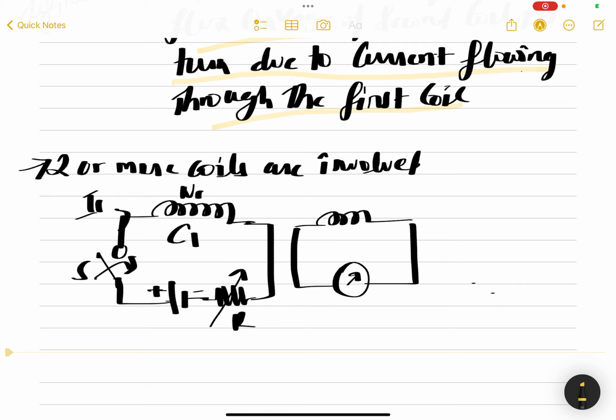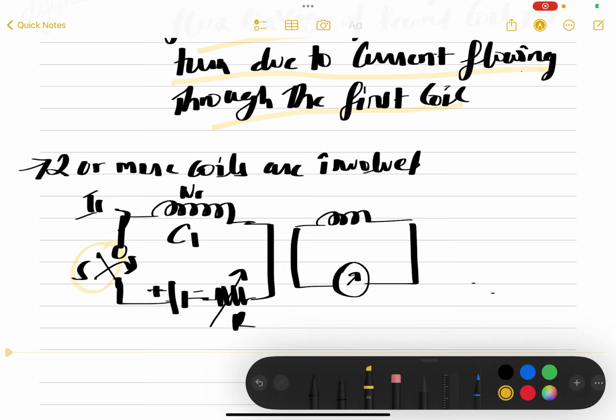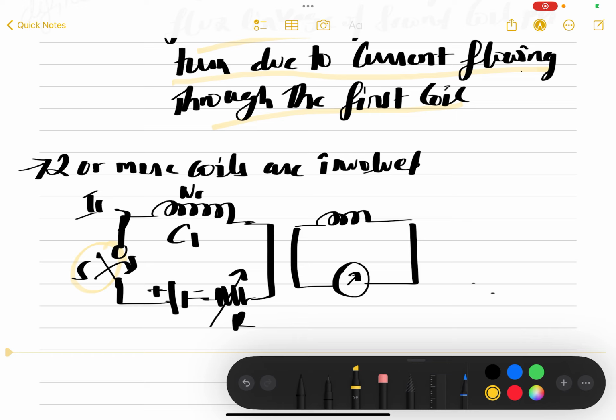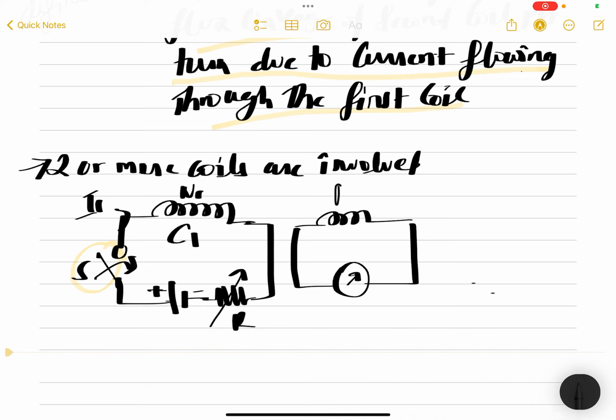Okay, so here I have drawn one circuit diagram. Here you have one switch. You have a first circuit comprising coil C1 and a variable resistance R, and C1 has N1 turns, and another circuit comprising N2 turns. Let us name it C2, and you have a current indicating device, that is a galvanometer, right?